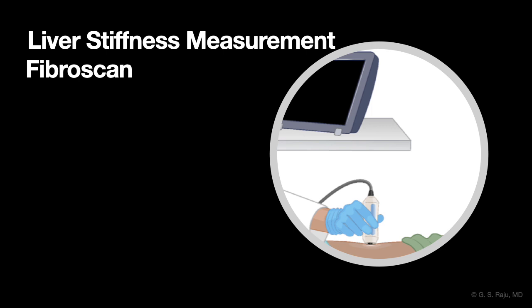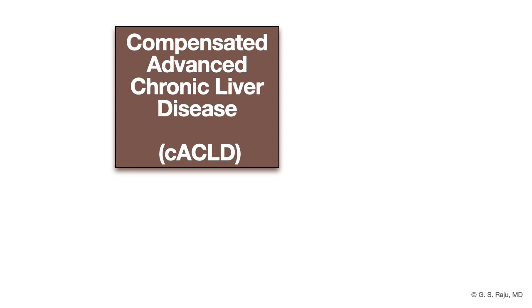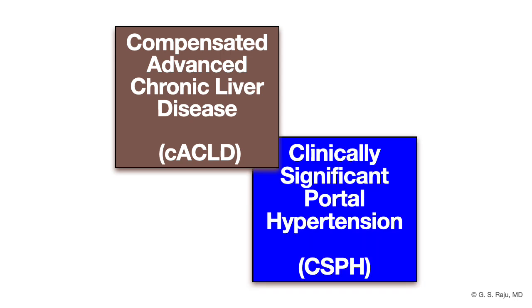So, using these various measures, when you see a patient with liver disease, you want to put them into a box called compensated advanced chronic liver disease or not, and then whether they have clinically significant portal hypertension or not. These two things are important for long-term management of the patient, and especially managing the patient so that they do not bleed from varices. So, compensated advanced chronic liver disease and clinically significant portal hypertension.